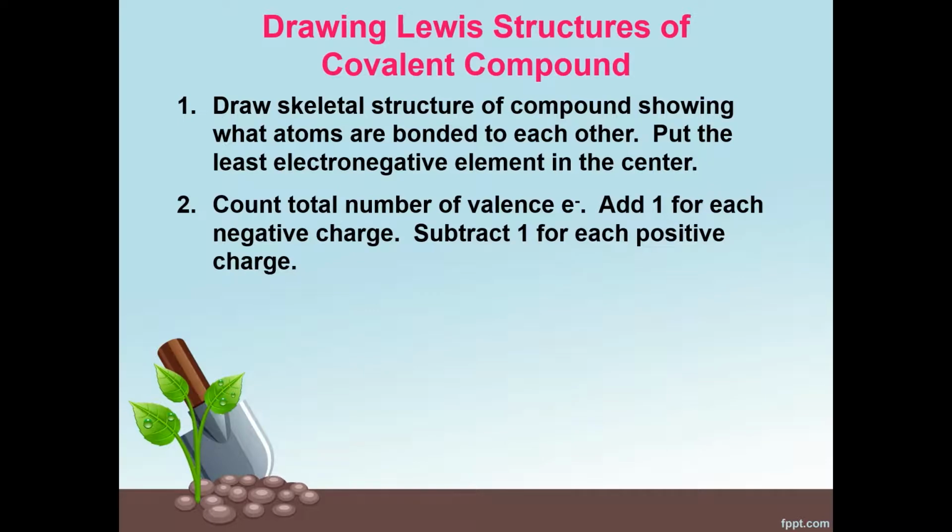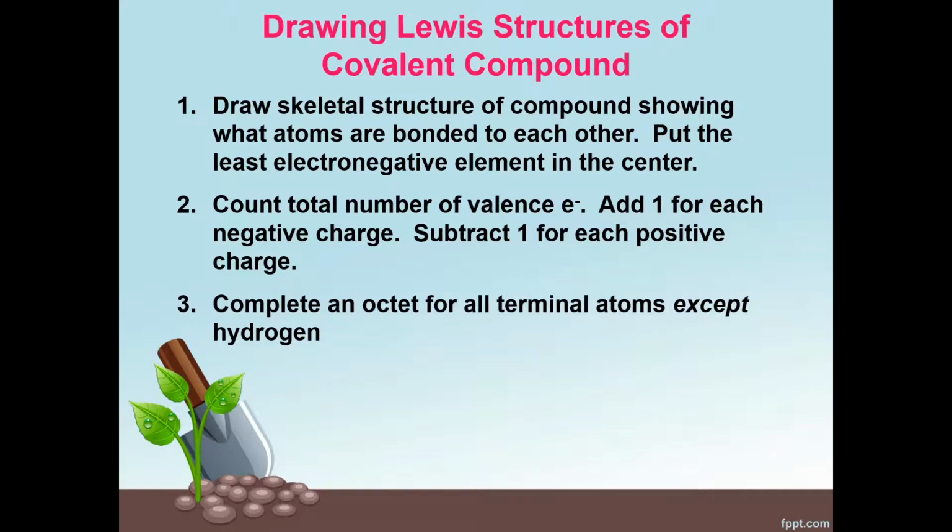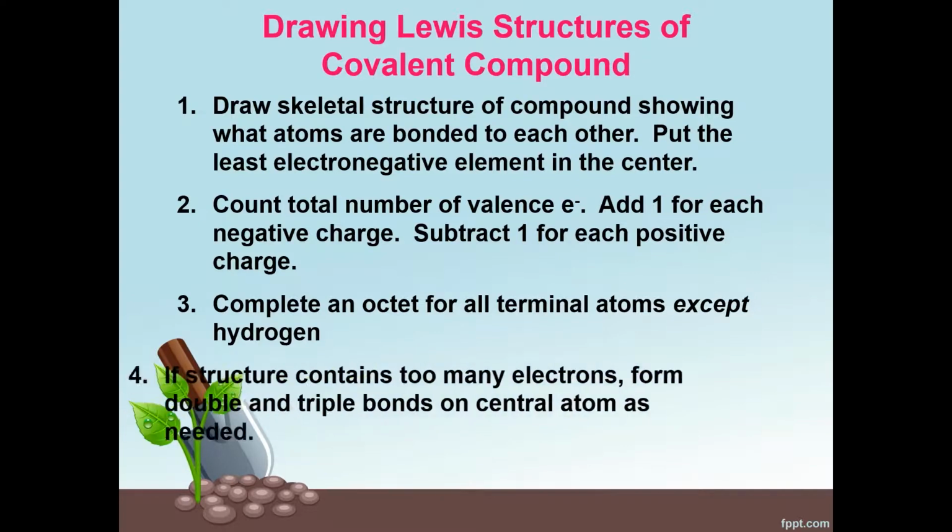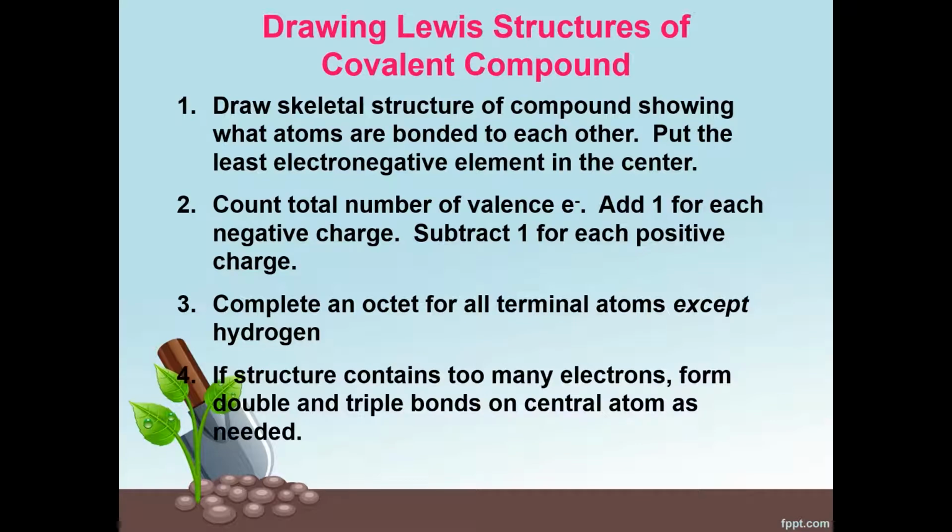Second step is you need to count the total number of valence electrons for each atom and add 1 electron for each negative charge, subtract 1 electron for each positive charge. The third step is to complete an octet for all terminal atoms except hydrogen because it's a duplet. And the last step is if the structure contains too many electrons, you can form double and triple bonds on the central atom as needed.